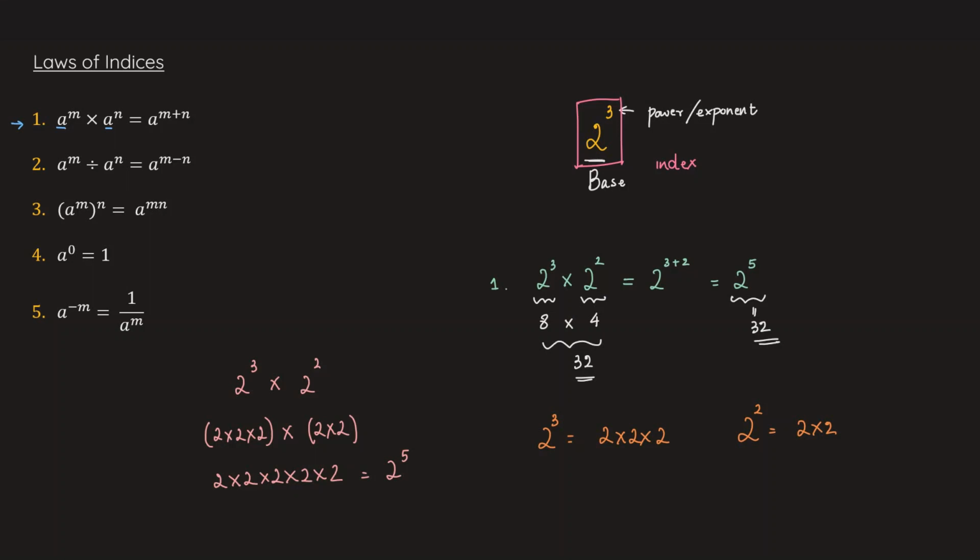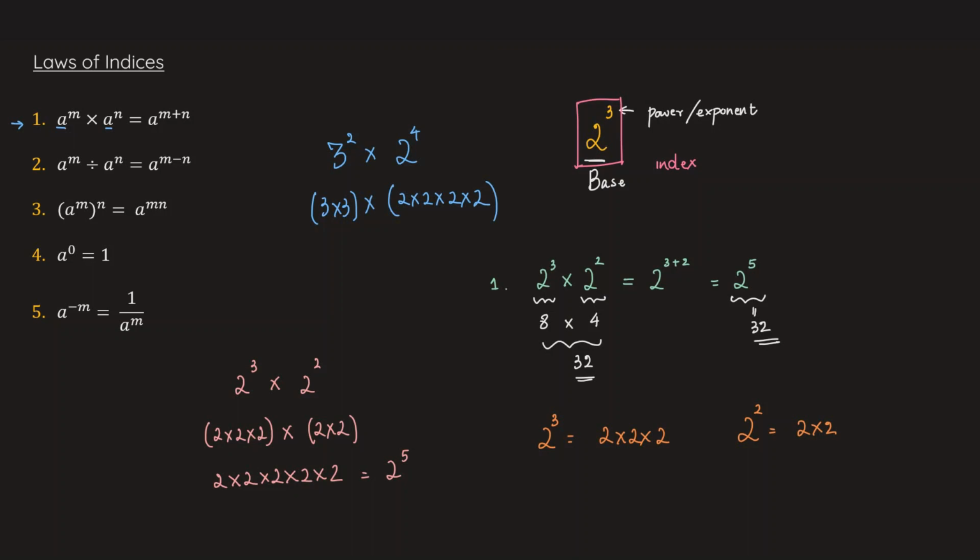And this is the same reason why it has to be the same base. If it was a different base, for example say 3 to the power 2 times 2 to the power 4, what this would mean is when we expand, this is just 3 times 3 times 2 times 2 times 2 times 2. And you can simplify this. You can multiply 3 times 3, 9 times 2 times 2 times 2.